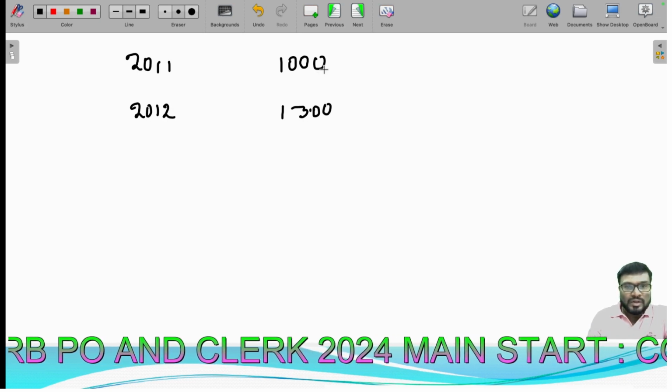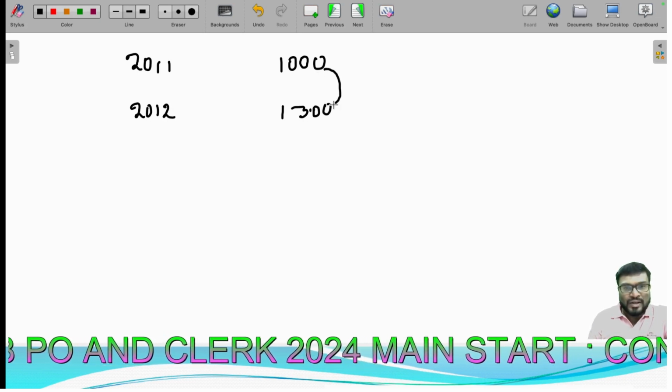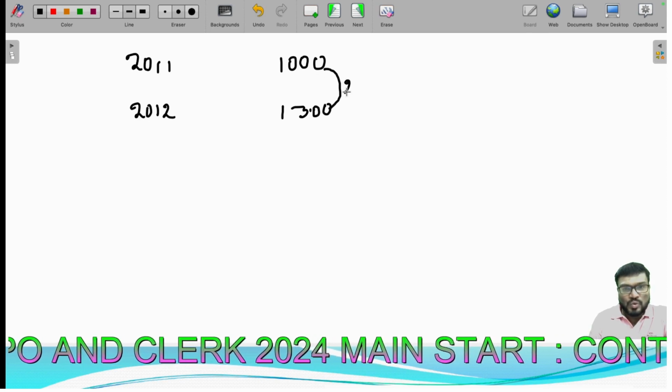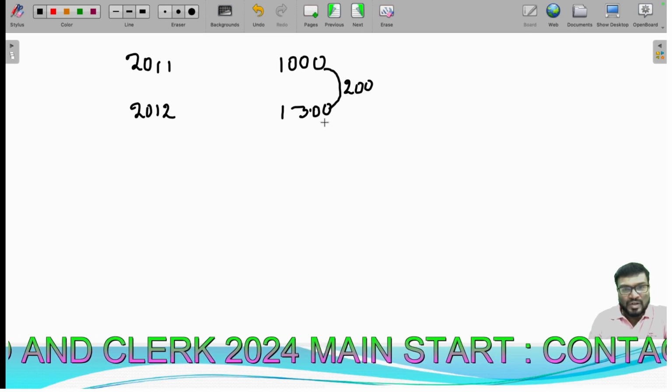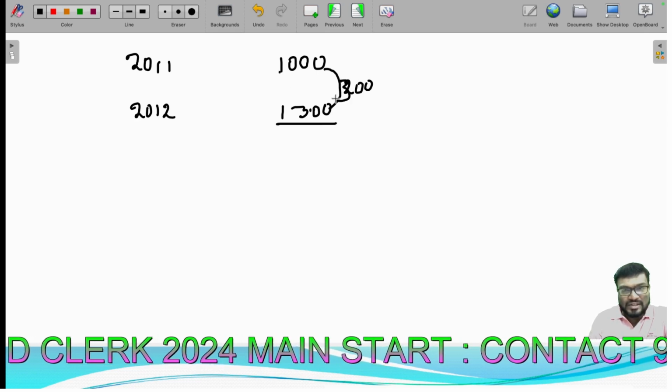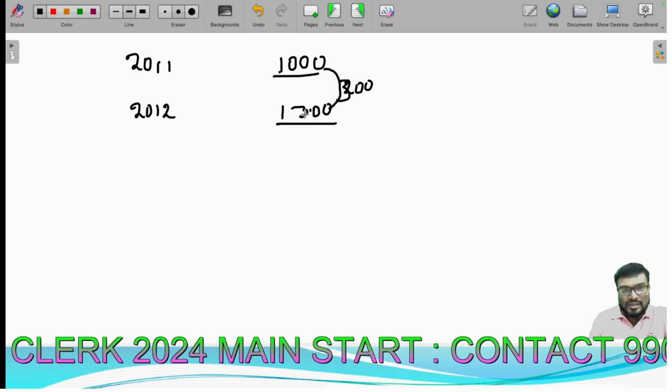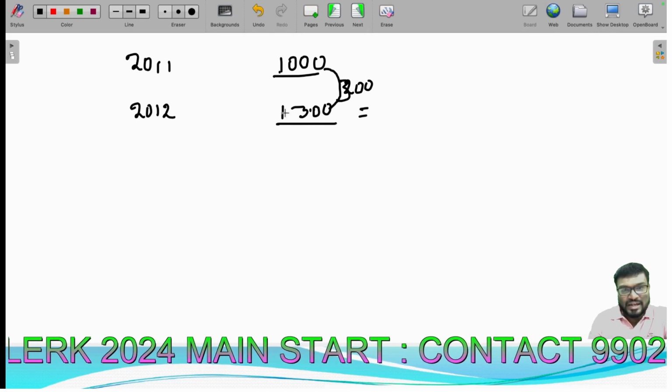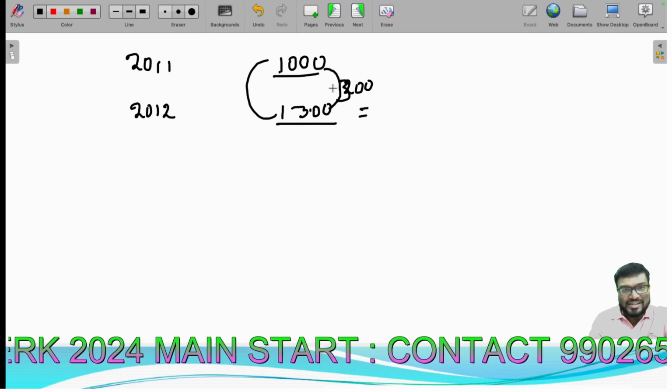Compared to 2011, how much increased? 300 members increased. This value is this plus extra. 1300 includes this plus extra.